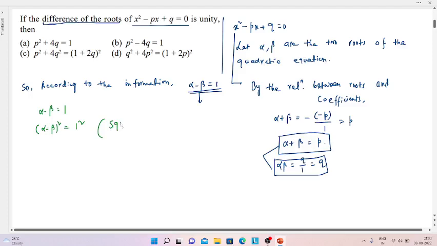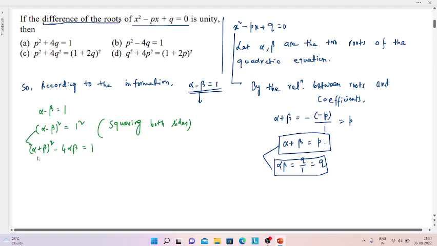Squaring both sides, we can break this term, or you can apply a formula which you already know, that alpha minus beta whole square can be written as alpha plus beta whole square minus 4 times alpha times beta, right? And this is 1.